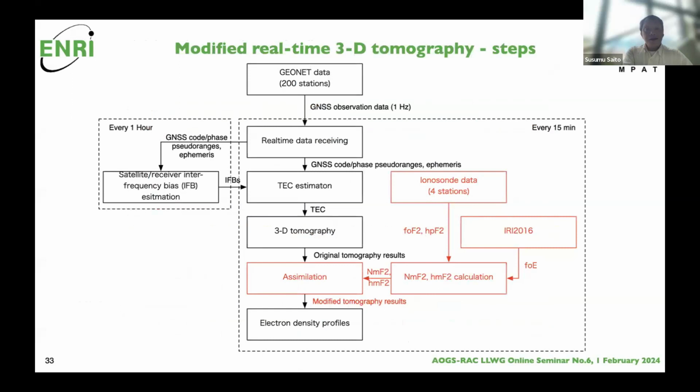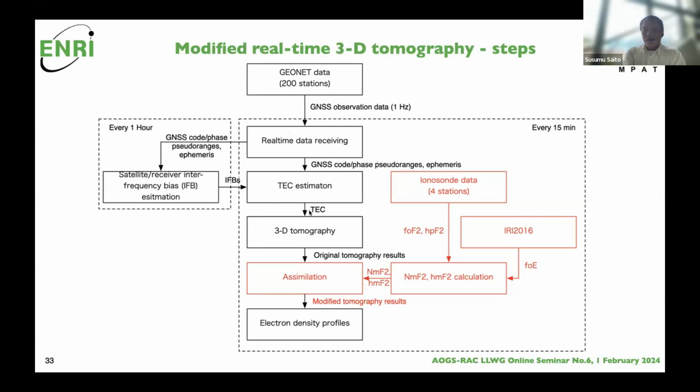So this is the block diagram for the real-time 3D tomography. We get the GEONET data from 200 stations in real time, and every 1 hour we estimate the satellite and receiver interfrequency bias. And every 15 minutes, we derive TEC and apply the interfrequency bias remover.